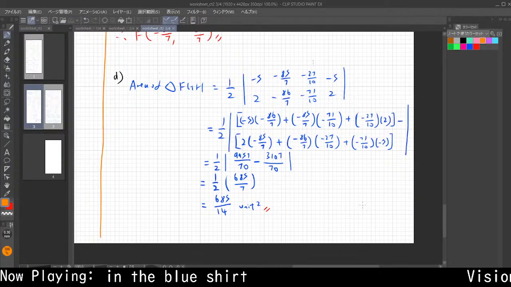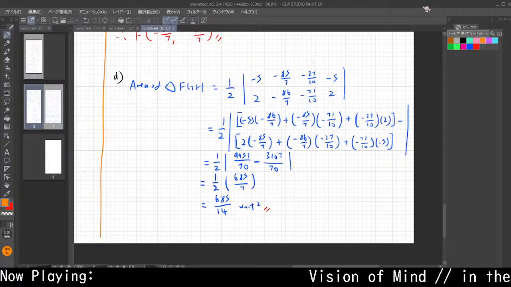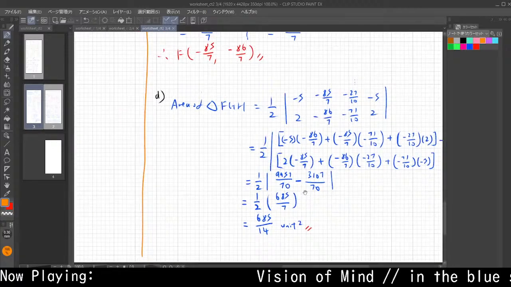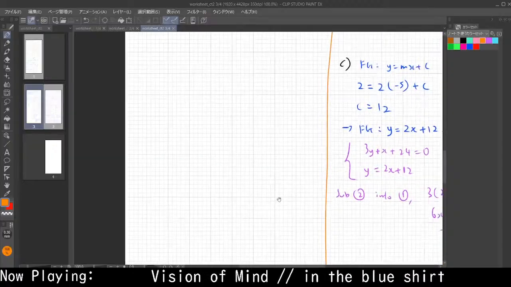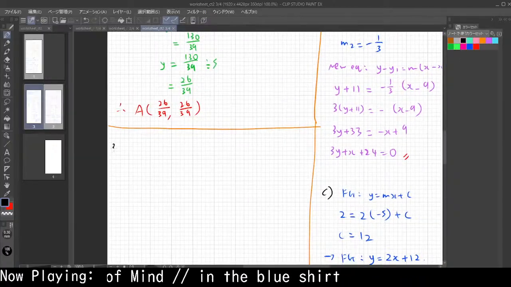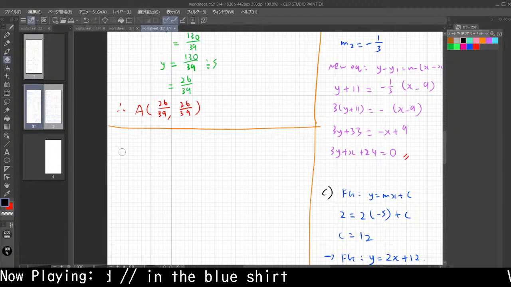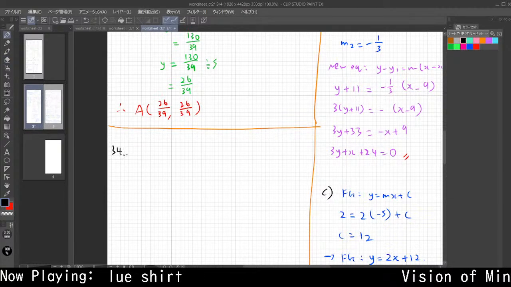But anyway, if you go to calculation, you should be able to get the area of FGH to be 65 over 40 units squared. Okay. So that is question 33. Let's hit the last one. 34. You can see over there I put a star, which means it's a harder question.